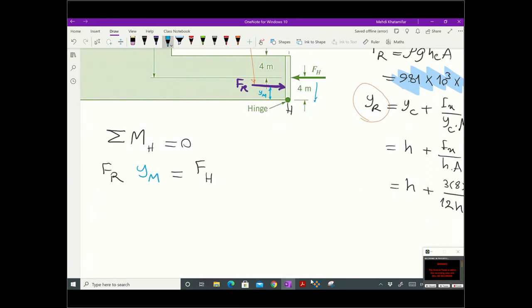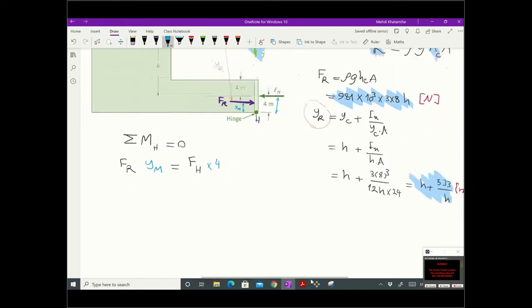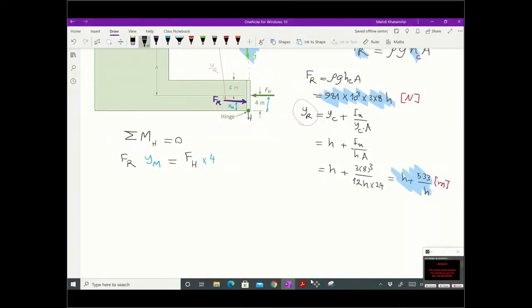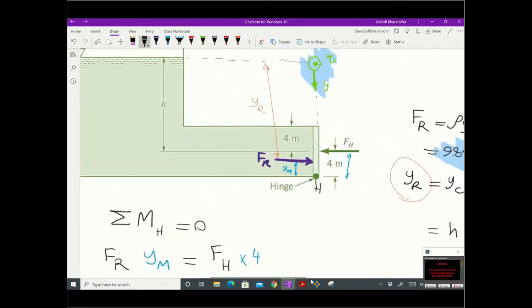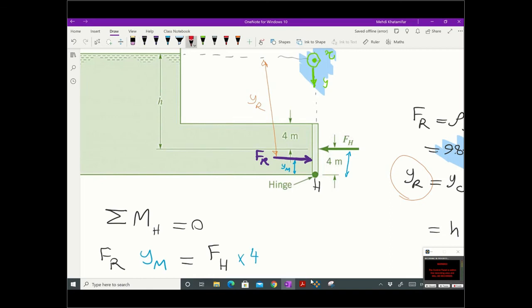So let's plug in the numbers. fr is 9.81 times 10 power 3 times 24 h. ym is this total height minus yr. Total is going to be h plus 4 minus yr. Let's do that.